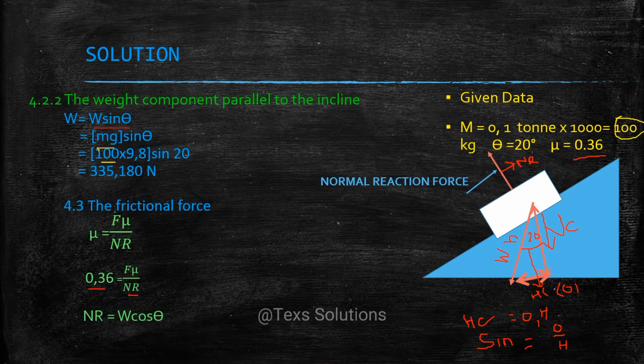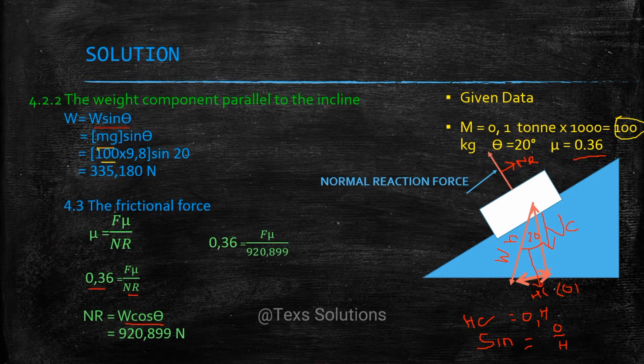So your normal reaction force going up equals the vertical component coming down, and we now know that this vertical component is calculated using the formula W cos theta. We calculated this in our previous question, and when we put it on the calculator, we got 920.899.